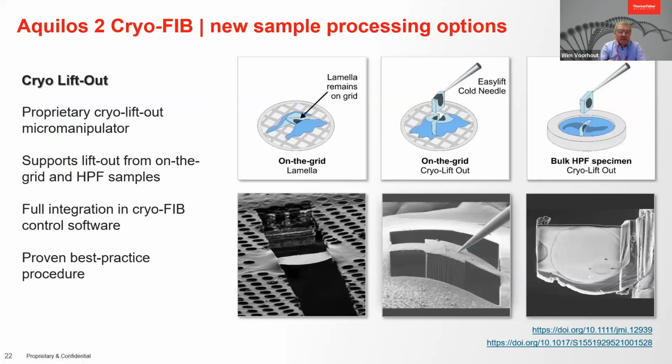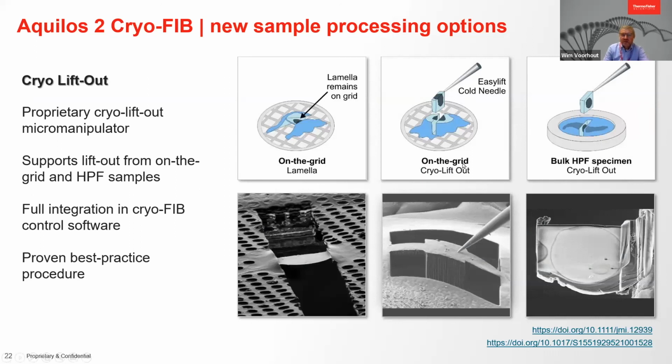So I hope I've shown you that with the Aquilos 2, with the dual beam system, we are able to prepare samples for cryo-electron tomography, either by on-the-grid lamella milling, or by using the lift-out method and then thinning these small pieces of tissue to the final thickness.